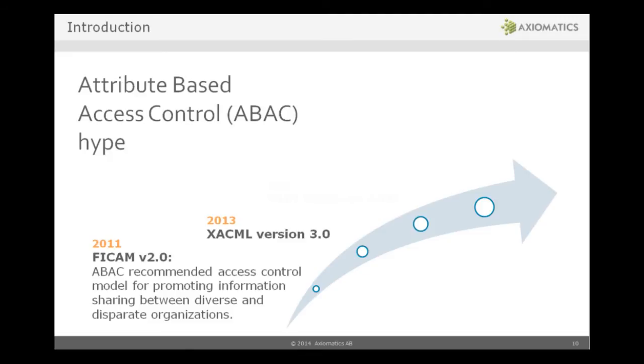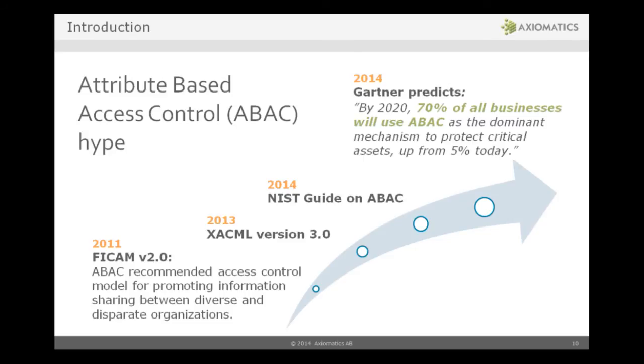And lastly, what we have been retweeting and presenting a couple of times is the recent prediction from Gartner that by 2020, 70% of all businesses will use ABAC as the dominant mechanism to protect critical assets, up from 5% today. Now, all of this reflects the need for a new authorization model that we see.